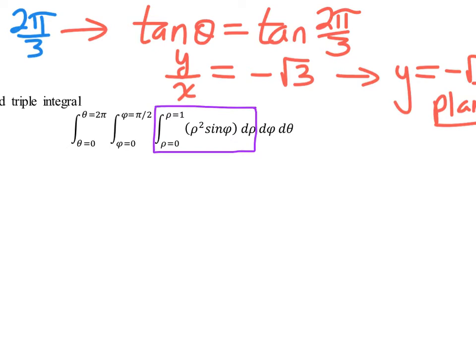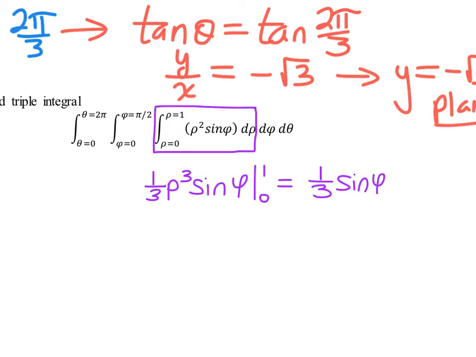So the antiderivative is 1/3 rho cubed, because we're integrating with respect to rho. I'm calling it p because I'm not going to say rho over and over again. Times sine of phi, on the interval of 0 to 1. Through direct substitution, it's just going to give us 1/3 sine of phi, because the 0 becomes irrelevant.